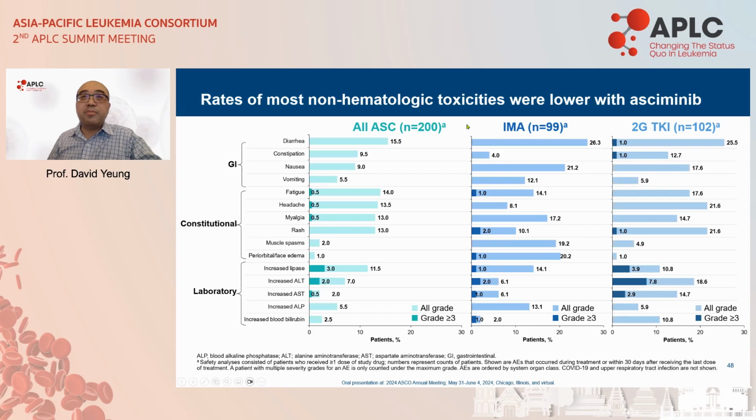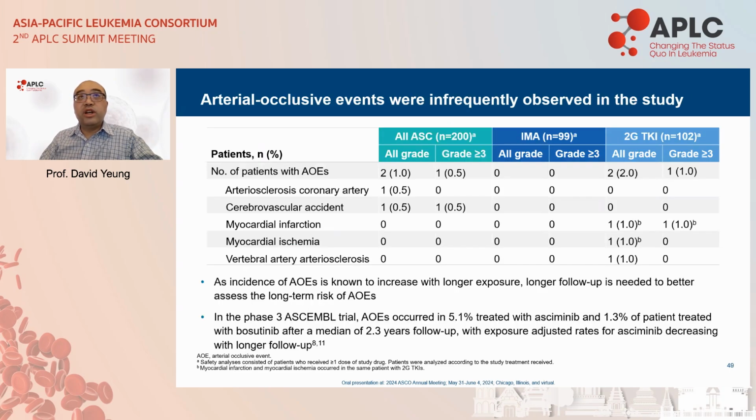And again, that makes sense after looking at the discontinuation data. It's too early to call arterial occlusive events yet. The early data is encouraging. As you would expect, imatinib has very low rates, 0 reported, but remembering that there was significant discontinuation, I don't know how to interpret that. Asciminib here to the left seems to be no worse than second generation TKIs to the right, if not a little bit lower.